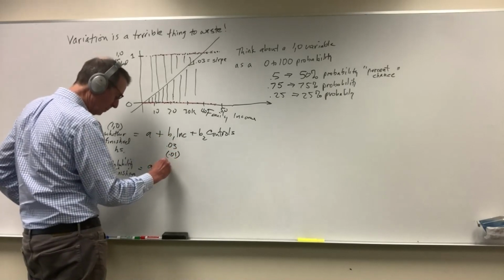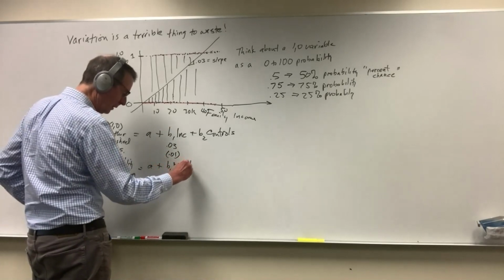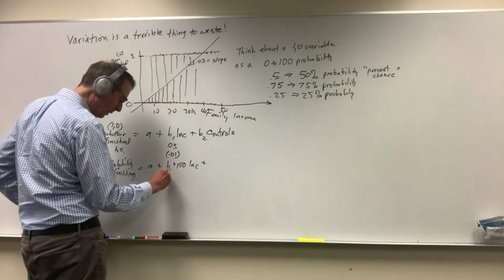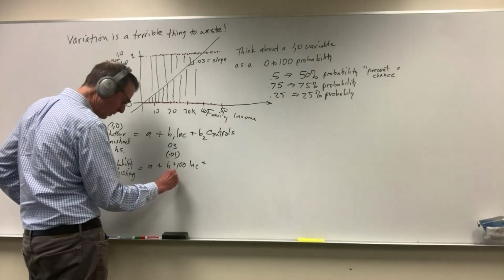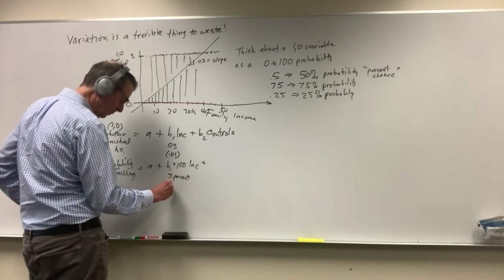It's really B1 times 100 income plus other stuff. So 0.03 becomes a 3% and standard error of 1%.